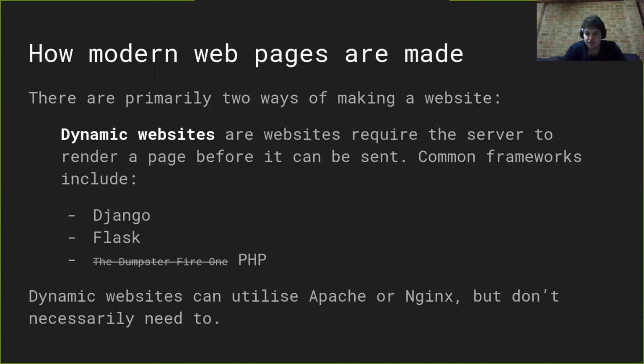Some common frameworks for this are Django and Flask, if you're familiar with Python, or PHP if you're old school, or still like 80% of the industry. These sorts of websites don't typically need to use anything like Apache or Nginx, but sometimes they do still use them. For instance, Apache and PHP is a very popular combination.